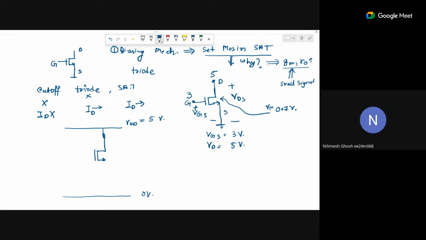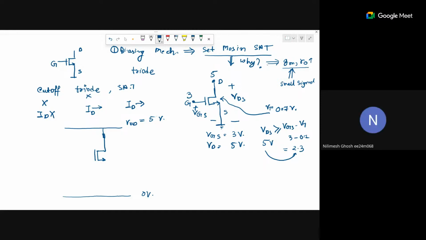So our condition for biasing a MOSFET is that VDS, the drain to source voltage, has to be greater than or equal to VGS minus VT. Here VDS equals 5 volt and VGS minus VT is 3 minus 0.7, which is 2.3. Is this greater? Yes, it is greater. So we can say this MOSFET is in the saturation region. Now we can use this MOSFET as an amplifier. So far, is this clear?